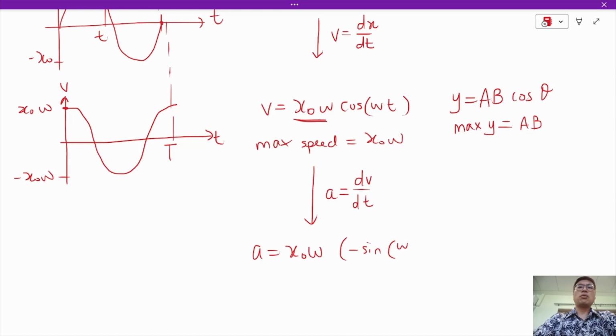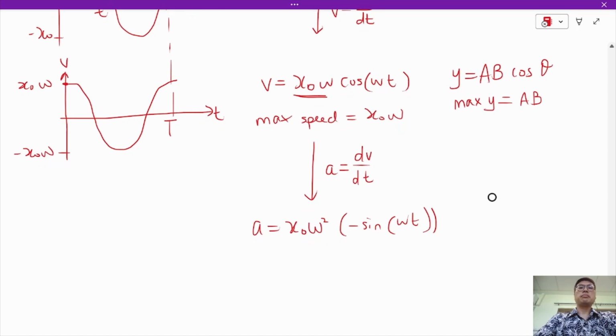And then we take the omega t, the omega goes out again, so this becomes omega squared. Altogether we have a equals x naught omega squared times minus sine omega t. Let's rearrange this formula a little bit because it looks super ugly. So we're going to put down a equals minus omega squared x naught sine omega t.